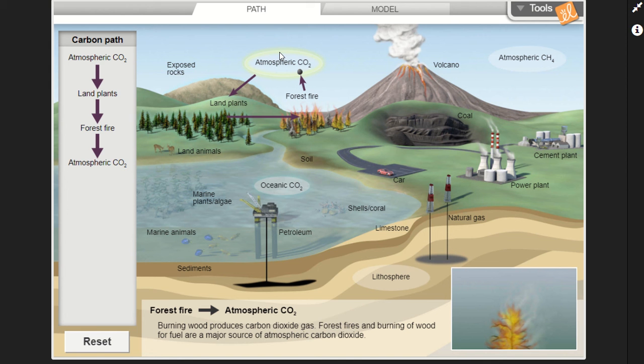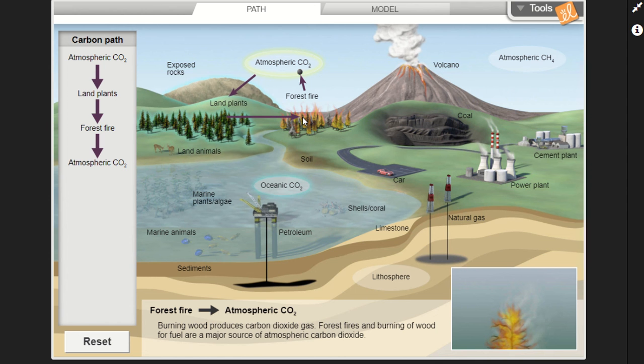Okay, and how did we get there? Using the knowledge that you can see here in front of you, how did we get there? We have the atmosphere, where CO2 comes from volcanoes and burning fossil fuels and other sources. Plants do something called photosynthesis, which we know about. And then we move on to our forest fire.